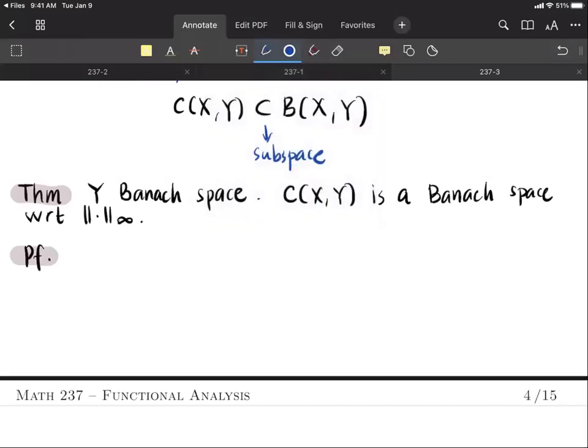In this case, it is enough to show that the space of continuous functions is closed in the space of bounded functions. Again, as we know, a closed subspace of a Banach space is also a Banach space. Of course, the subspace inherits the norm of the larger space.